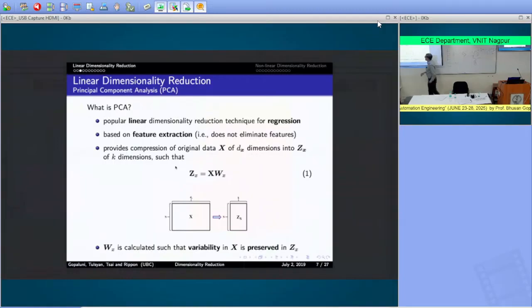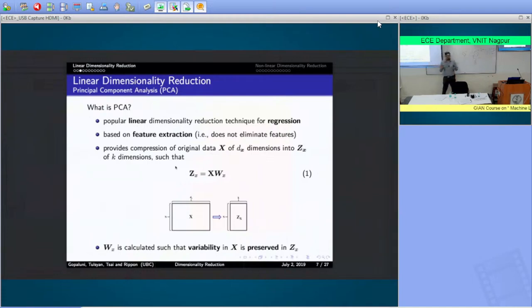Now you have to find this wx, the transformation that takes you from the x space to the principal component space z. How do you calculate wx? It's calculated such that the variability in x is preserved in zx.